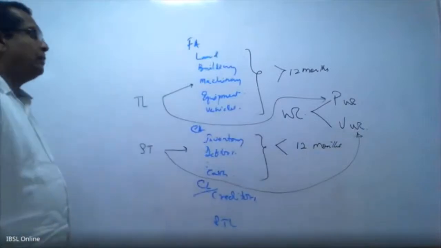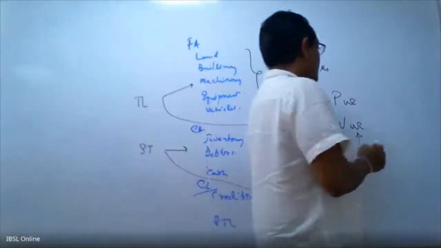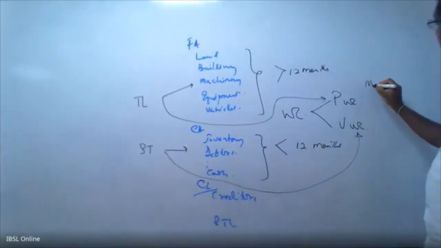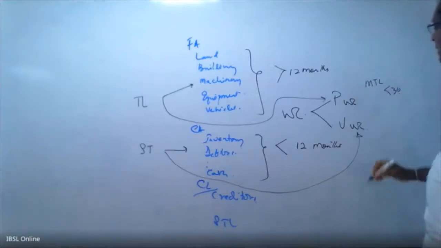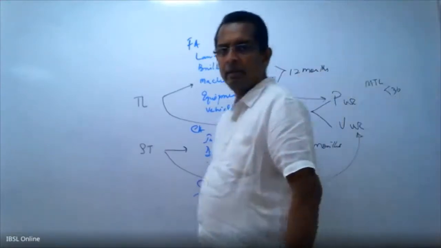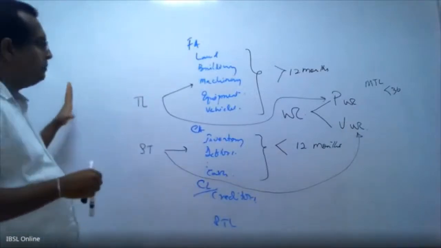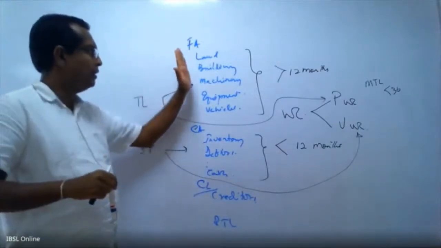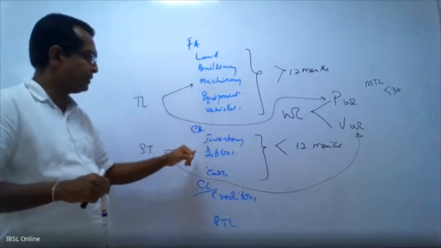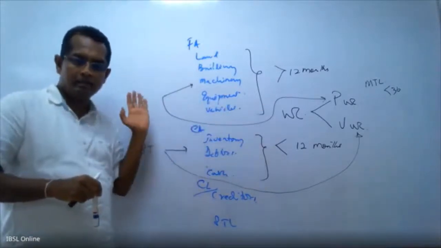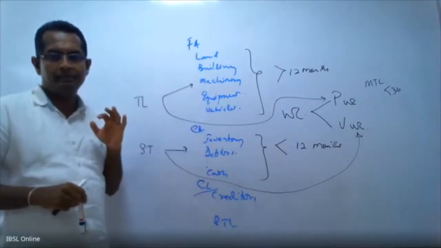So the permanent part of the working capital can be financed using a medium term loan, maybe 36 months or less, right? So we are basically matching the useful life of the asset and the funding line's repayment period, right?